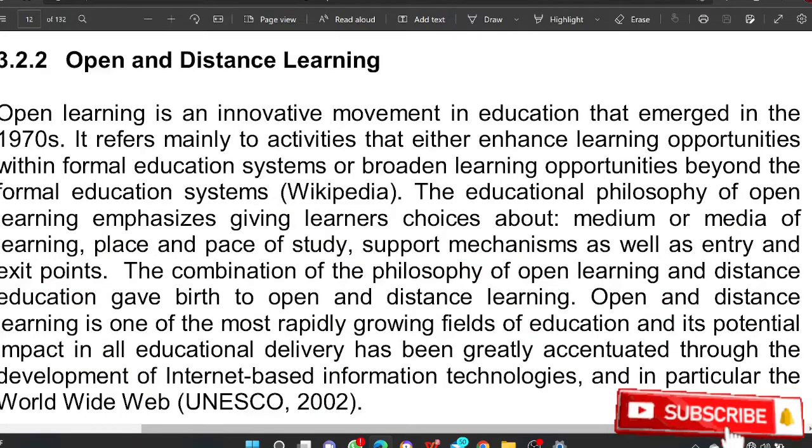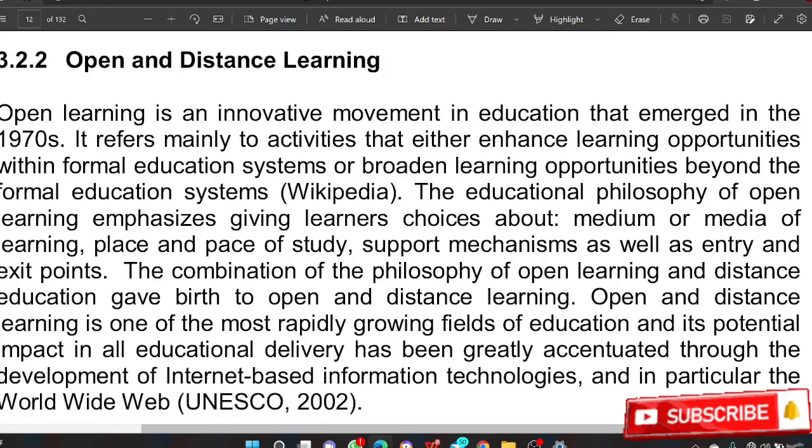Open learning is an innovative movement in education that emerged in the 1970s.